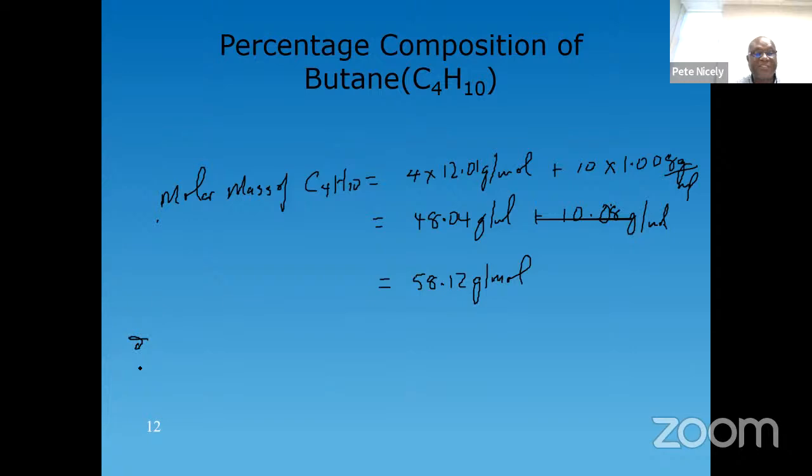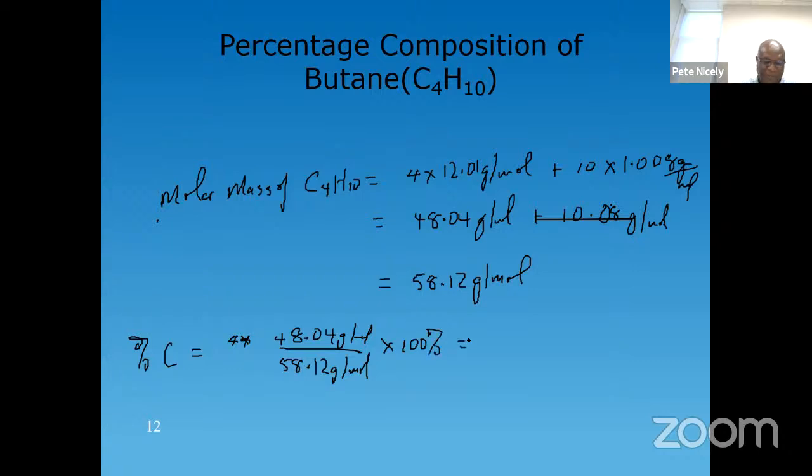Then to find the percentage of each element, what we do is take the total molar mass of each element and divide it by the molar mass times 100%. So in the case of carbon, that would be 48.04 grams per mole divided by 58.12 grams per mole times 100%.